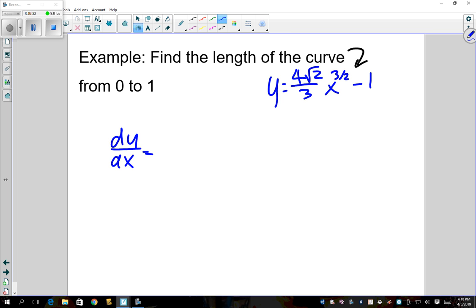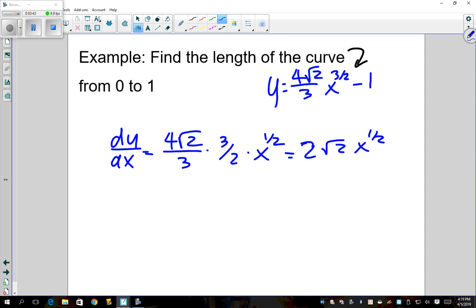So when we take the derivative, we get 4 root 2 over 3 times 3 halves times x to the 1 half. Remember, our derivative skills, not our integral skills. And this simplifies to 2 root 2 x to the 1 half.